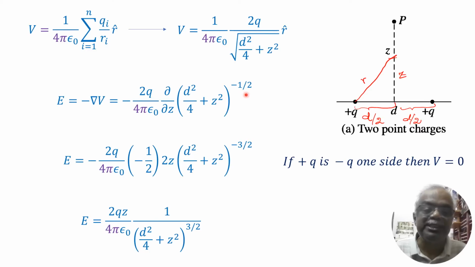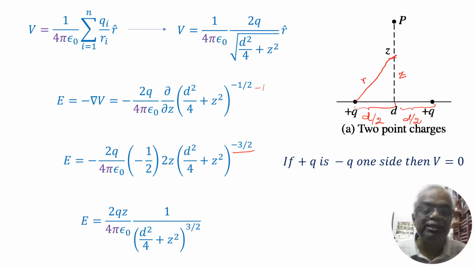Now if you differentiate this, you will get minus, then you subtract 1 from the power, so it becomes power 3 by 2. If you differentiate the first term, it becomes 0. If you differentiate z squared, you get 2z.